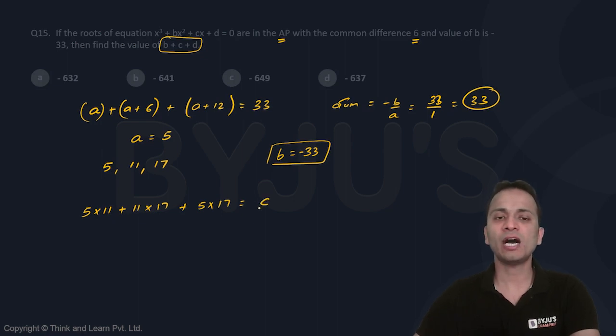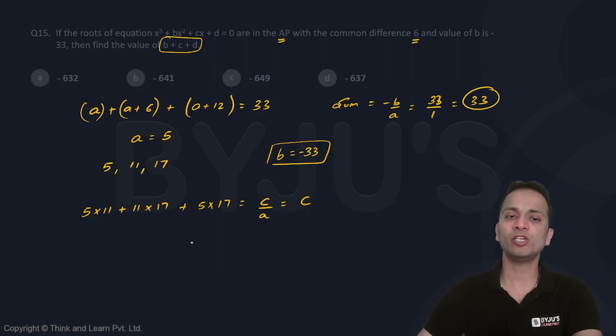Now c upon a, the value of a is 1, so this will be equal to c. So from here I can get the value of c. Okay. So the value of c will be 55 plus 187 plus 85. That is the value of c. So here c will be equal to 327. This is the value of c.